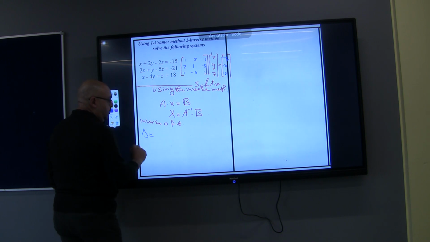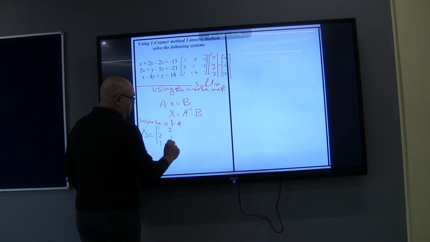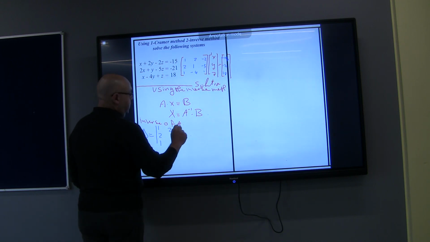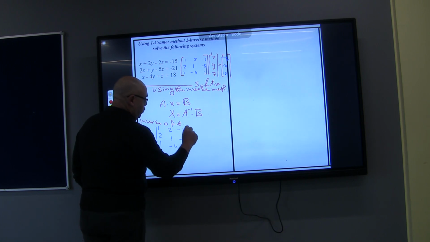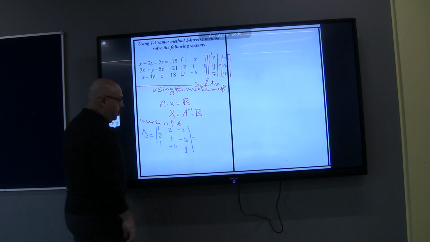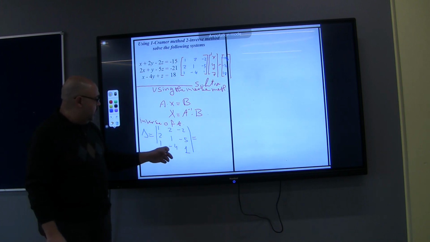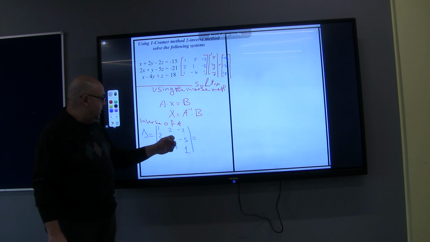So delta is going to equal, once more, the determinant of the coefficient matrix, which is 2, 1, negative 4, then negative 2, negative 5, and then 1. It's going to be positive 1. Then you will have negative 6, so it's going to come to negative 9. Then negative 16, negative 9 plus 2, it's going to be negative 25.